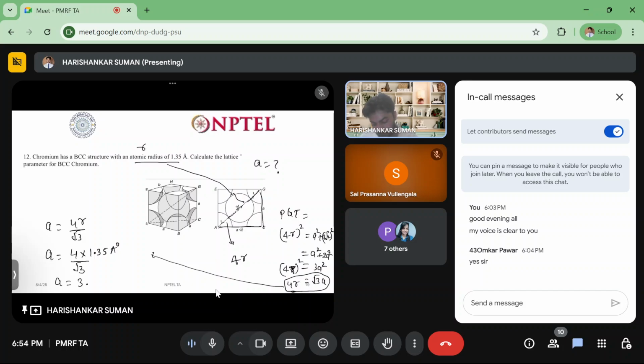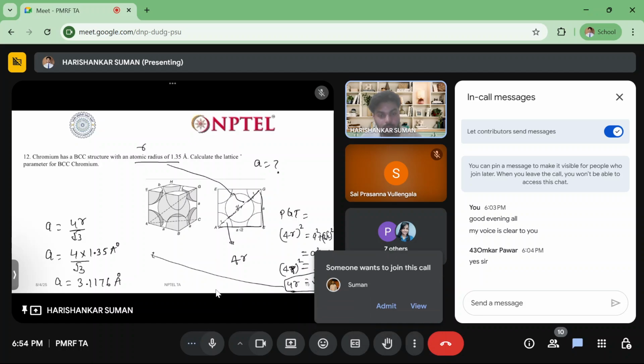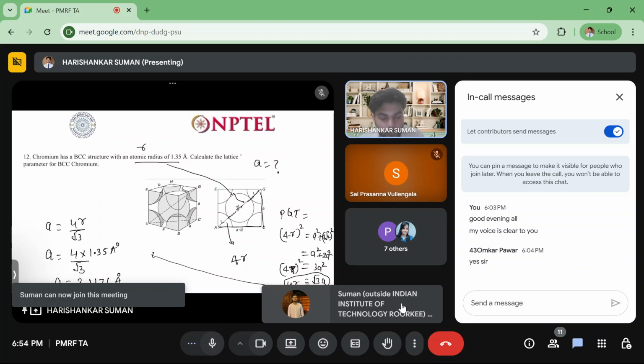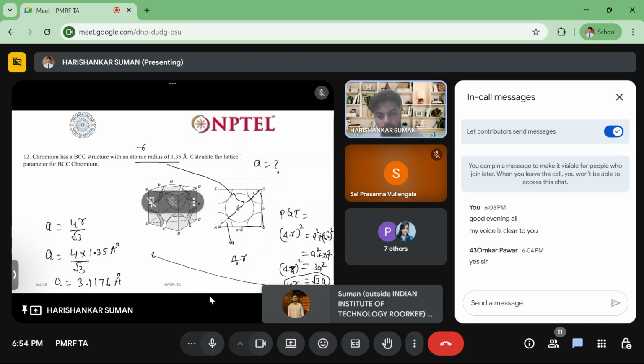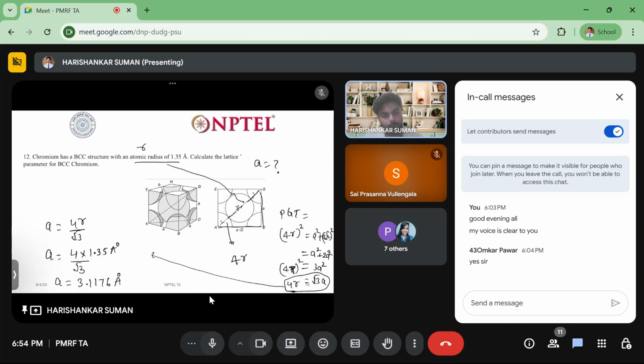This is something like 3.1176, and in terms of length it will be angstrom. Okay, clear to all?